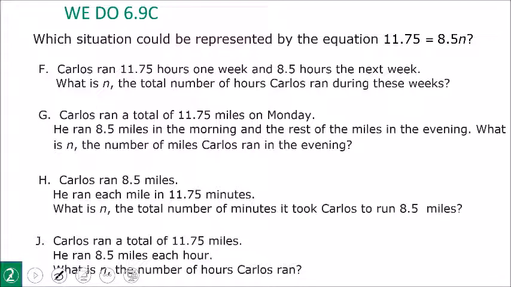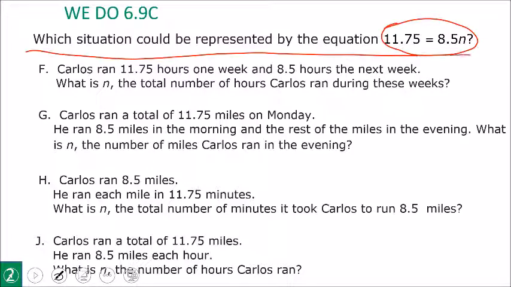The situation could be represented by equation 11.75 and 8n. So we're going to start by circling our numbers and underline. So now we need to box our important words. Remember, we can box in here, and we've got a box also inside our answers.